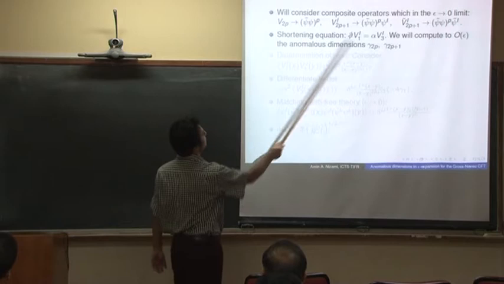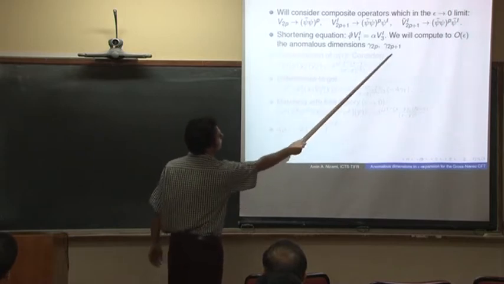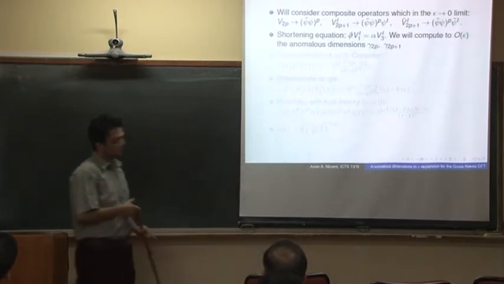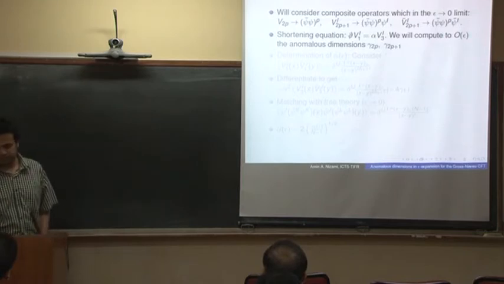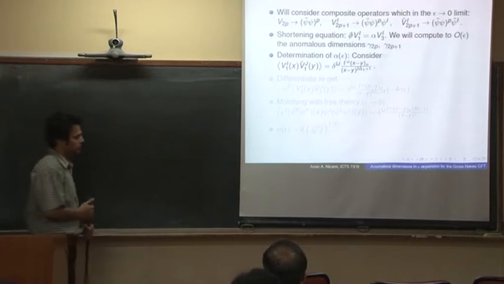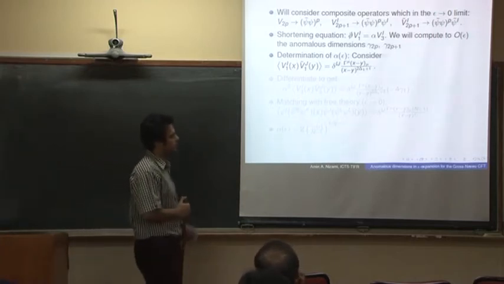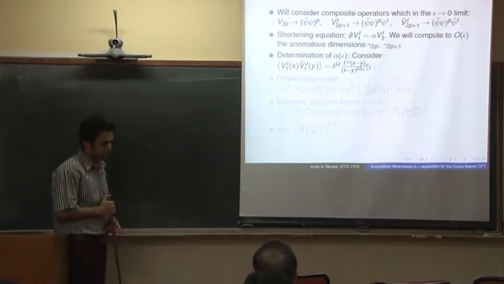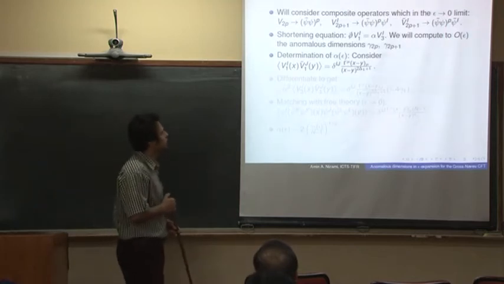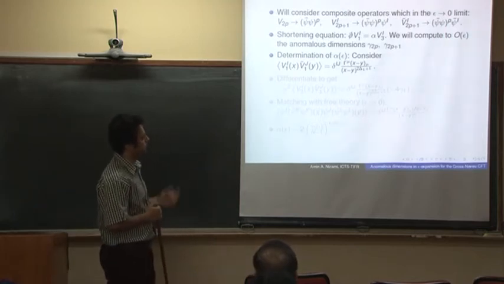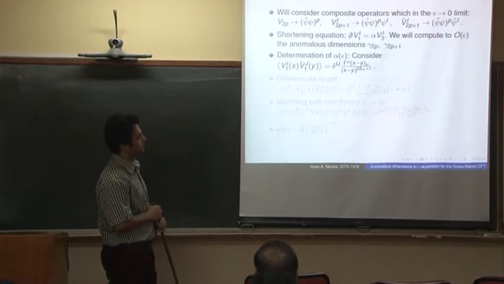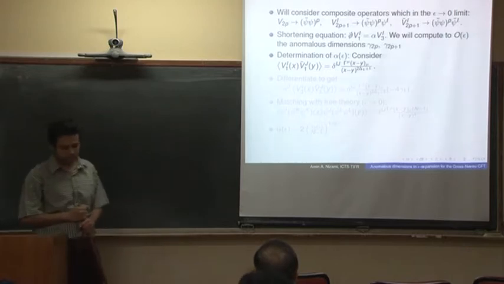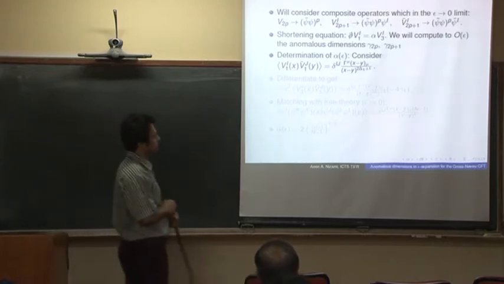So this will be the anomalous dimension of this operator, and this one of this operator. Now alpha, of course, if you write the Lagrangian, is just a number times the coupling constant. But we don't want to take recourse to a Lagrangian, so it turns out that you can determine it in terms of epsilon directly.